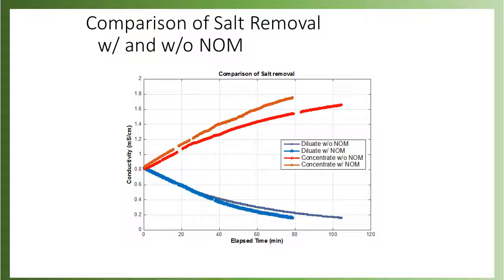So in the comparison of the salt removal with and without NOM, it takes less time with the NOM. I think some ion in the concentrated Lake Austin water may have interacted with the membrane, something happens, so I need to verify what happened in there.